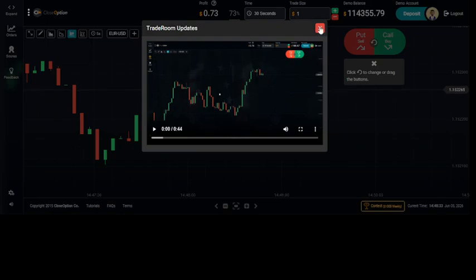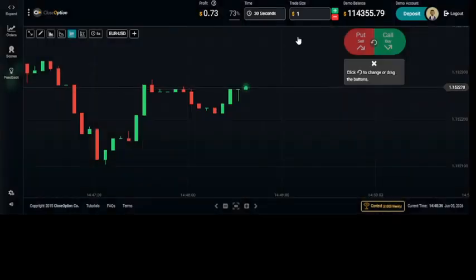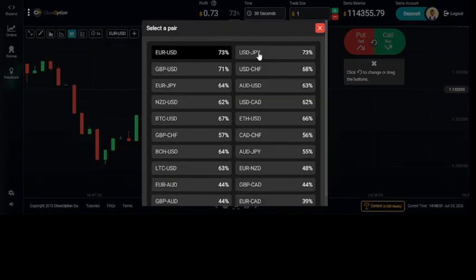Now this is the user interface of the demo trading platform, and we're currently looking at the Euro USD. Closeoption has various assets available to trade.